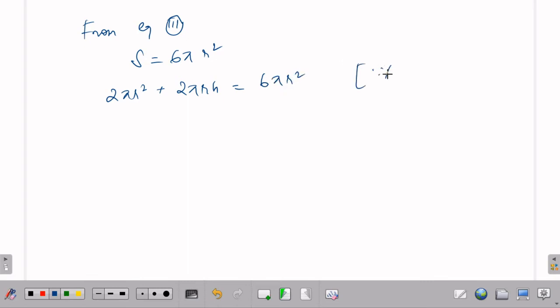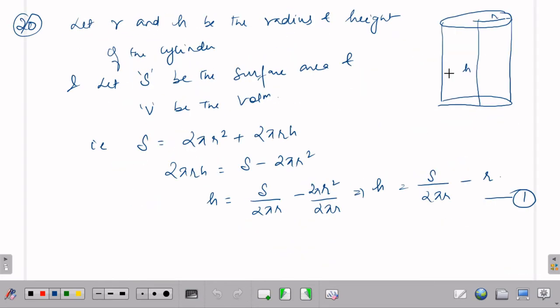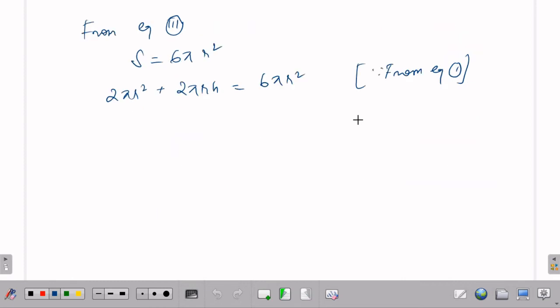And how did I get it? Since from equation number 1. So if you're wondering what is 1, let me just go back again. You can see your equation 1 was nothing more than that. Okay, so I got this from here. Or if you didn't get this one, you can just give this one to be equation number A, so that it'll be easy for me to do it over here. So instead of 1, I'll just say A.